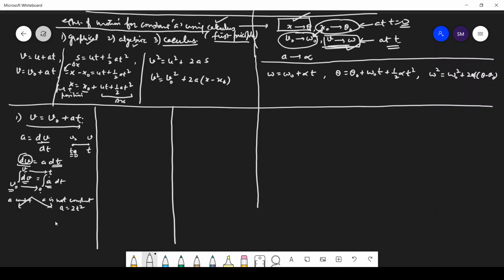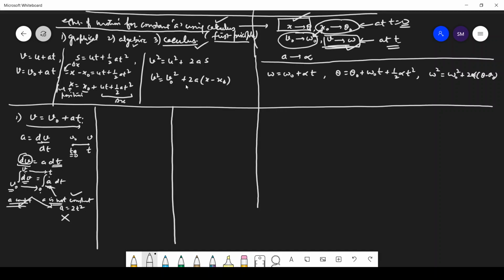Put the value of acceleration here as 2t square, and then do the integration. But if a is constant, that's not part of our syllabus, but that is the advantage of deriving the equations of motion with calculus, that you have the way to derive them if the acceleration is not constant. So what is the advantage of using the calculus method?